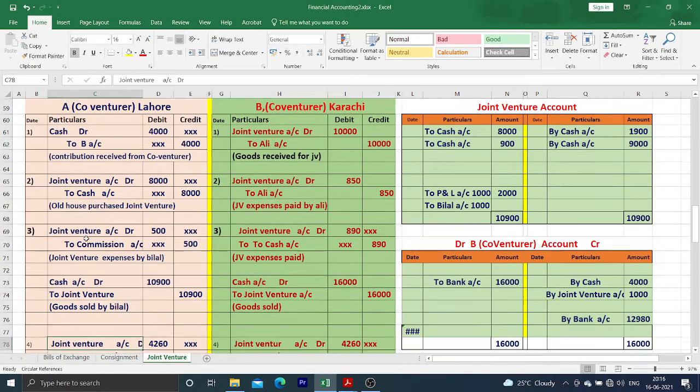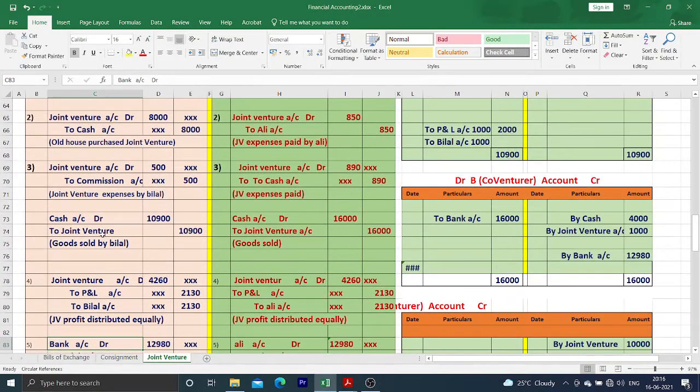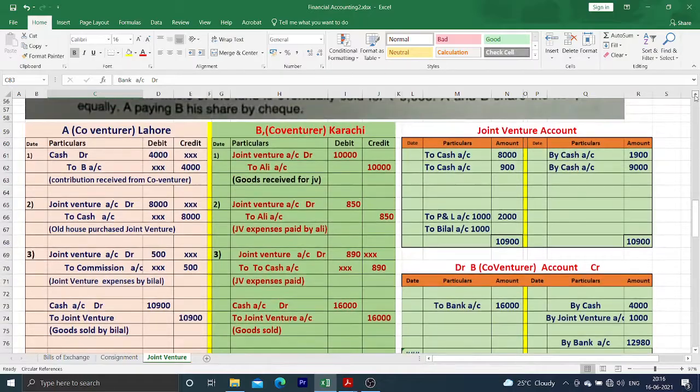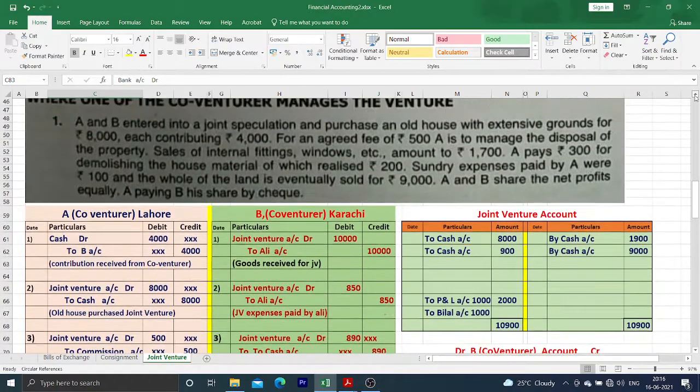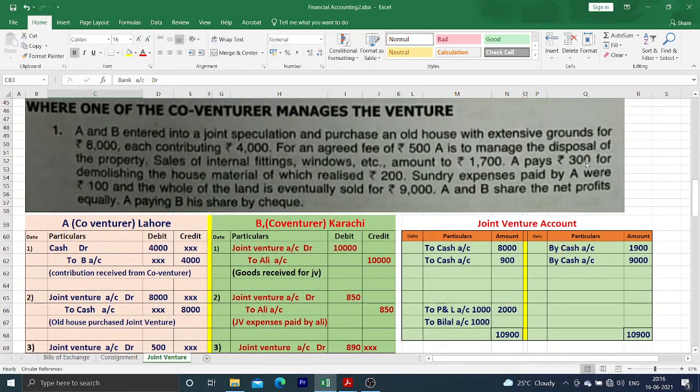A's expenses. How much amount did he pay? We'll check once again. 300 for demolishing the house material and sundry expenses paid by A are 100.